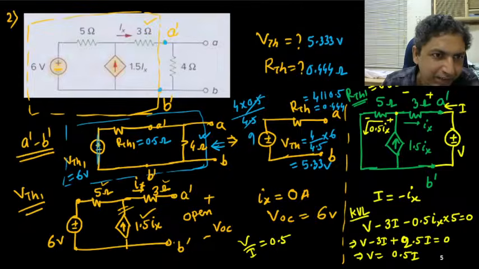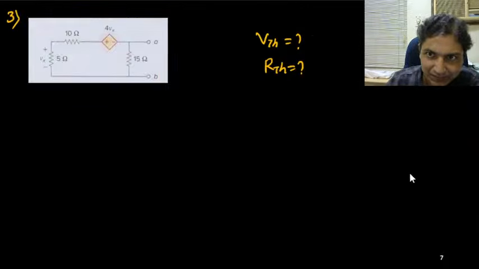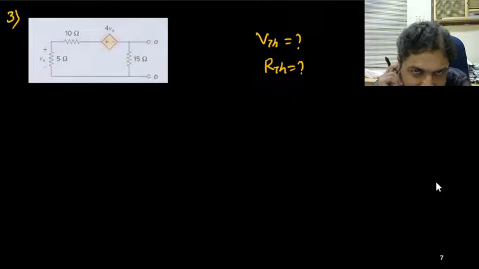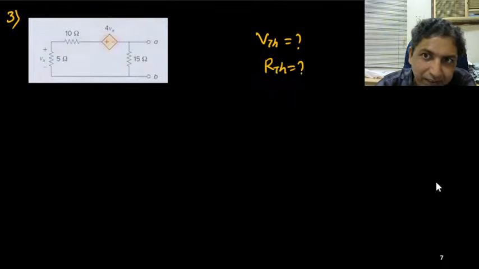I hope it's clear. Now can you find these things? Now this is a circuit. Can you find VTH and RTH for this circuit with respect to the node A and B?